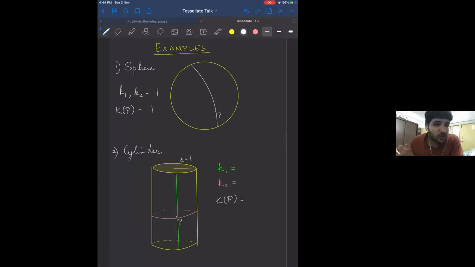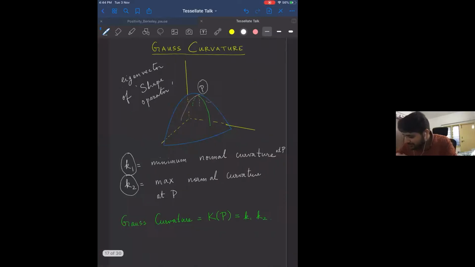But maybe it's good to look at a few examples, right? So let's look at the simplest example, that of a sphere. So for a sphere, firstly, when you're computing this Gauss curvature, because you're looking at only normal curvatures, it's enough to look at these local straight lines near that point, right? Because the acceleration component is going to be divided between the normal part and the geodesic part.